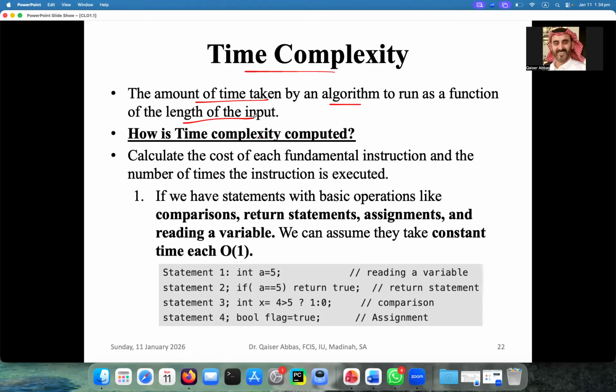And big O is also representing time complexity, but that would be with the maximum number of operations. How can we calculate it? There are different rules, and we will see these rules one by one.